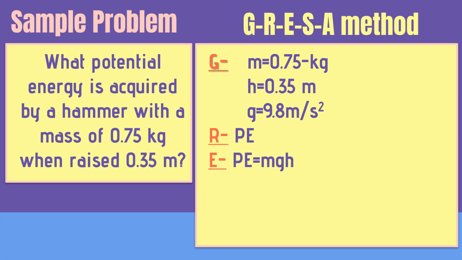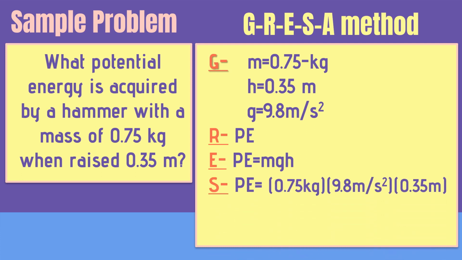We're just going to distribute the given to the equation, in which PE is equals to the mass of 0.75 kilograms multiplied by the gravity of 9.8 meters per second squared multiplied by the height of 0.35 meters. If we multiply all the given, our answer will be 2.57 joules. So the potential energy of the hammer is 2.57 joules.